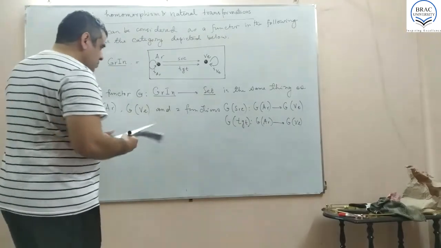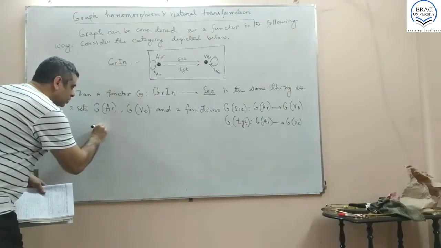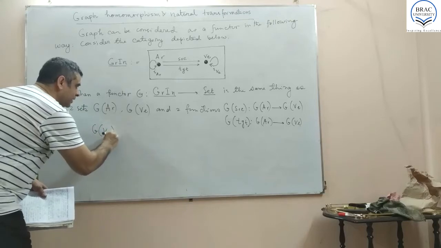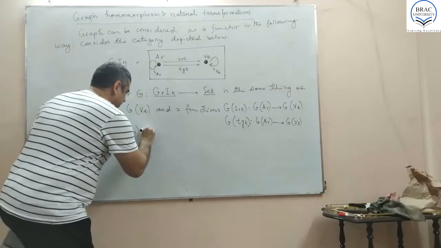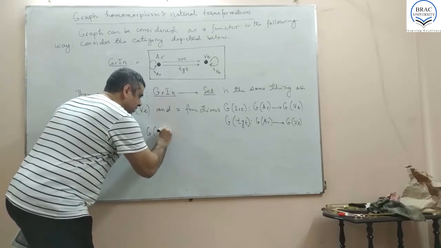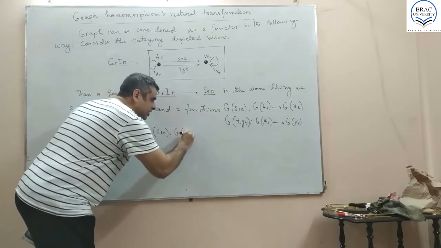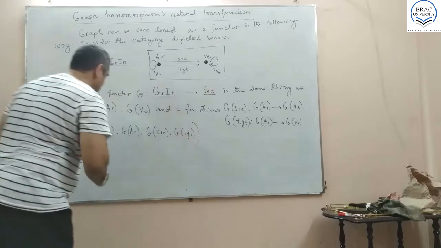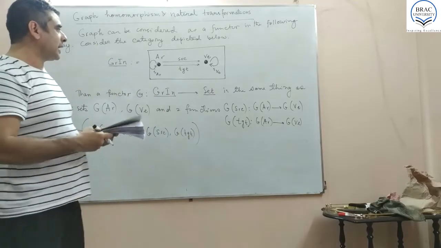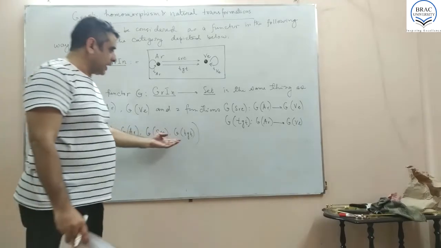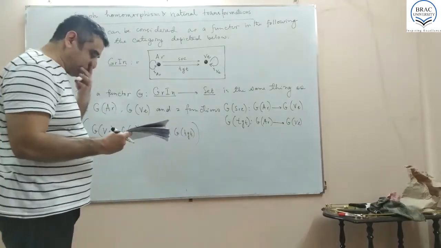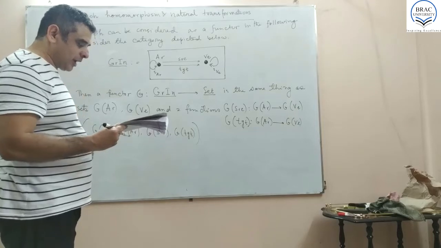Okay? So the quadruple GVE, GAR, GSRC, and GTGT is the underlying set, or what we can call a graph. It is indeed a graph.